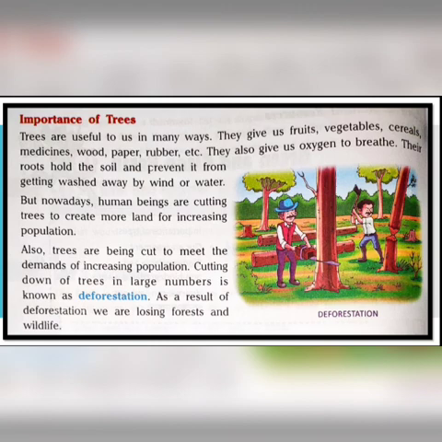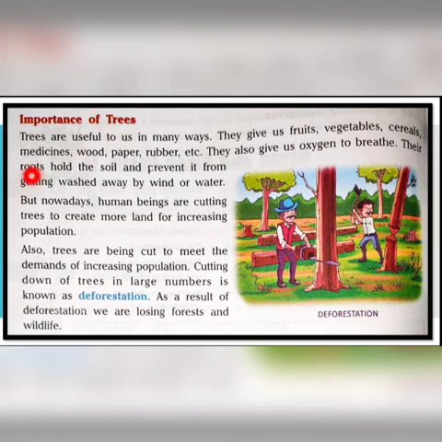How do they give us oxygen? Plants give out oxygen as a byproduct, as a product of photosynthesis. So in this way, they take in carbon dioxide during daytime and give out oxygen. That oxygen is needed for breathing, right?